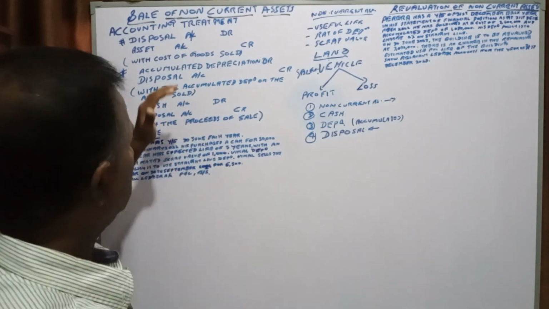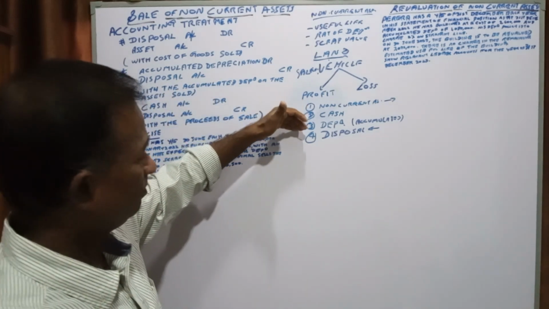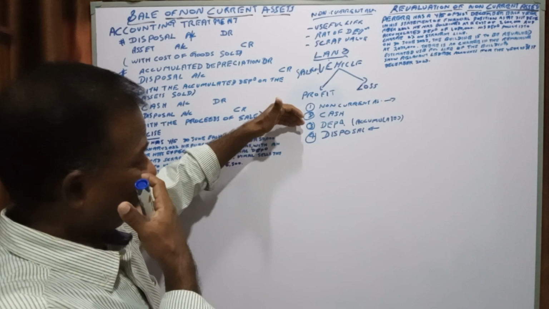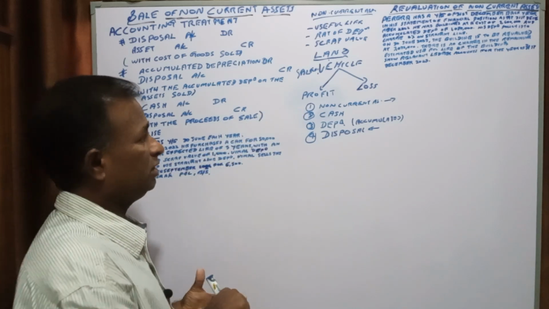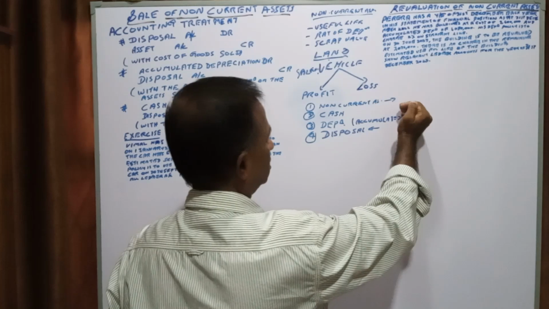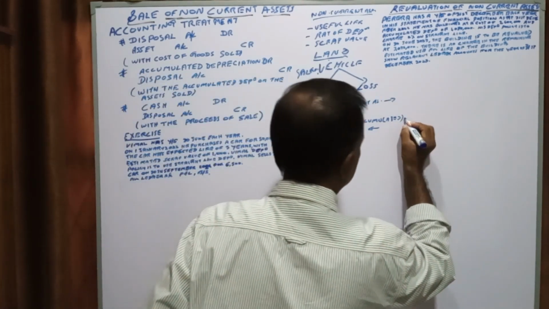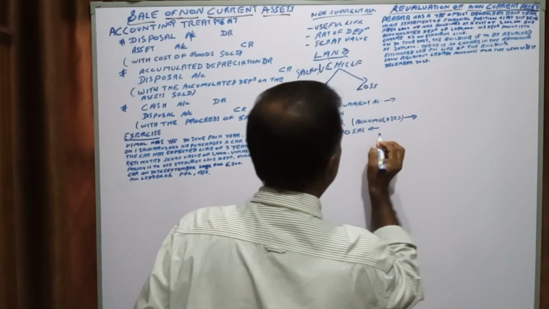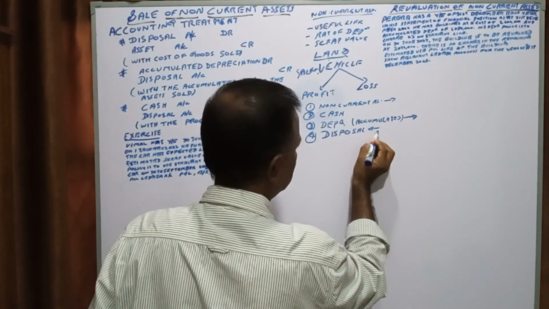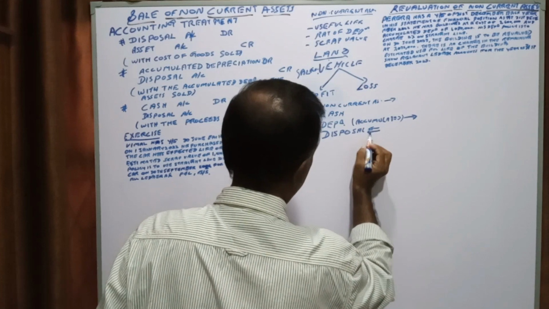Second entry: we have to remove the depreciation part which is included in the accumulated depreciation account, and transfer it to the disposal account.